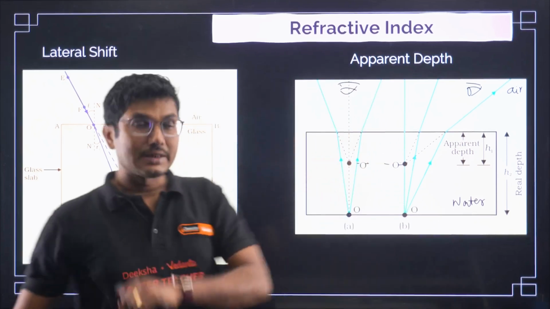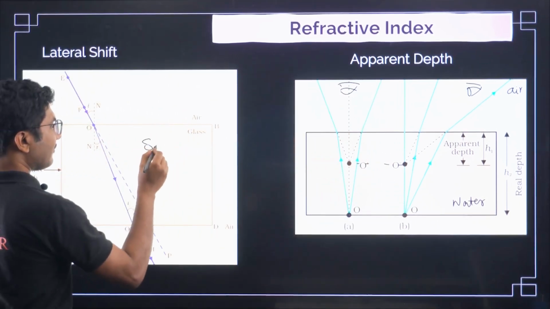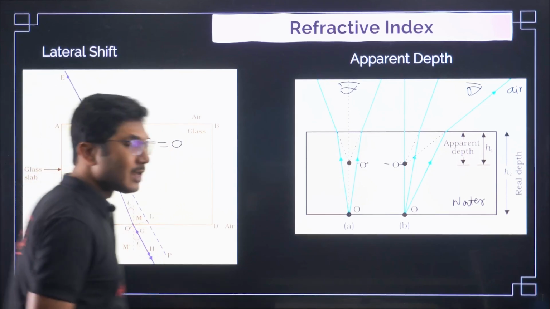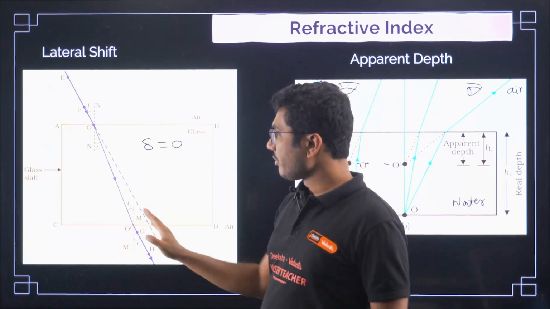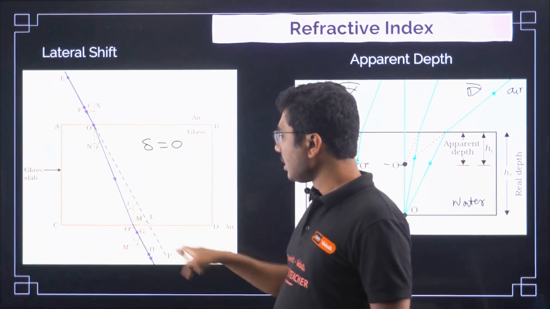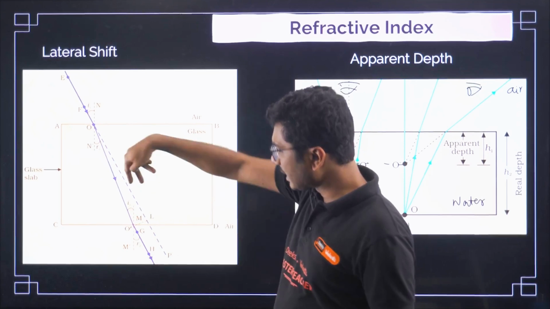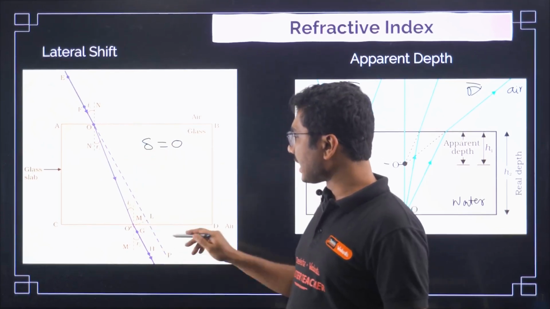We have discussed angular deviation in our last class, if you remember. So angular deviation in this case will be 0, but it will shift laterally. The original path was this one, the new path is this one, so they are parallel.